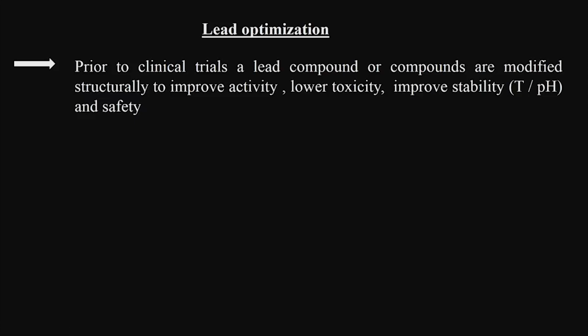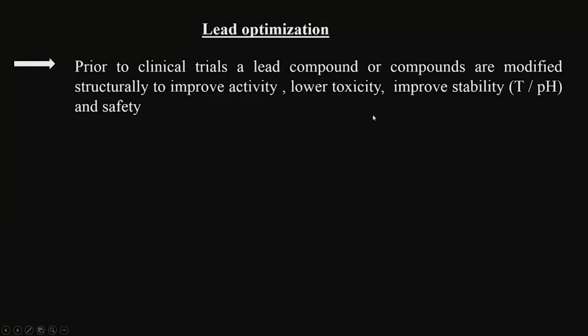Now you have looked at one or two candidates, or maybe a few candidates which look very promising, which have good activity, but then as I have been telling, it should also have lower toxicity, it should have good stability, temperature, pH, safety. So, that is where the lead optimization comes into the picture. A compound which is very active may be very toxic.